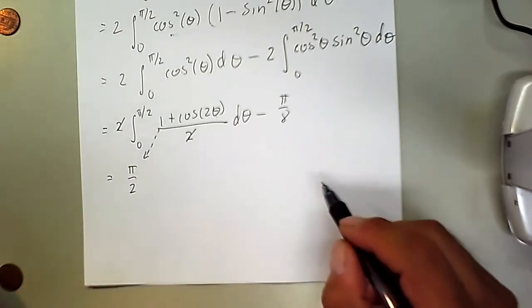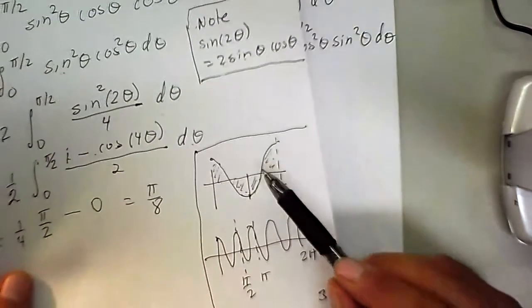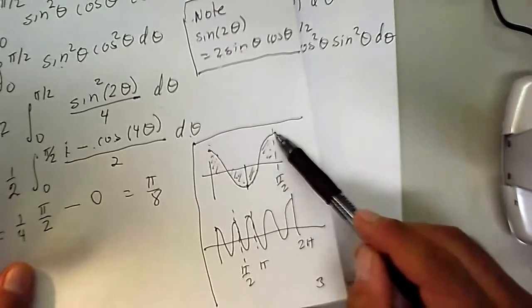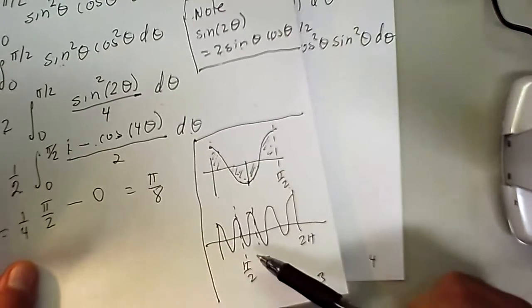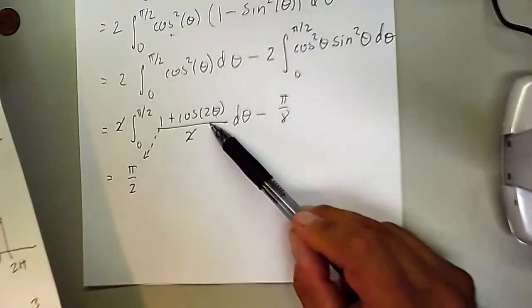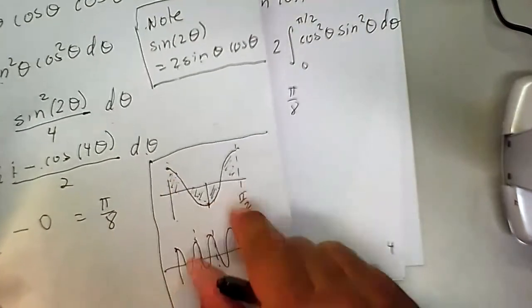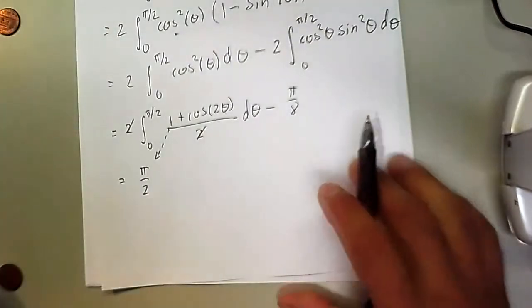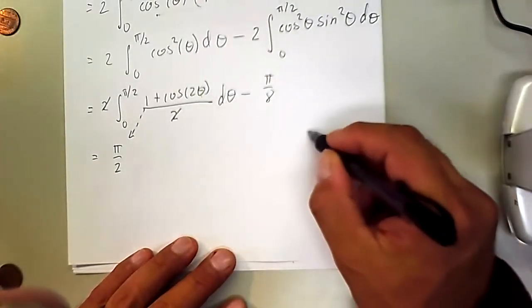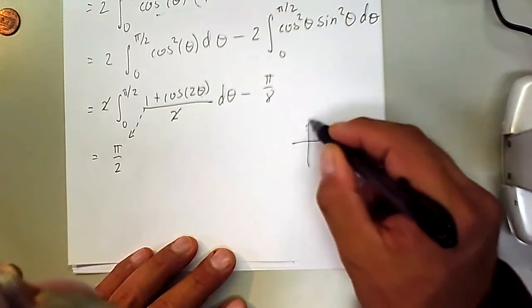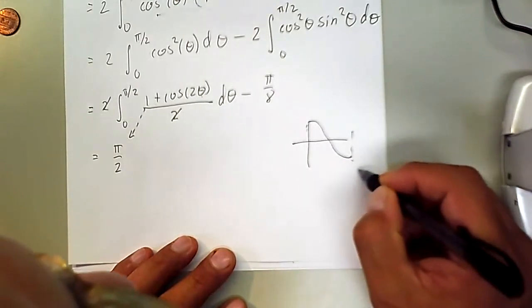Well, we have established that cosine of 4 theta is a whole cycle from 0 to pi over 2. So cosine of 2 theta is going to be half the cycle. This is going to be stretched. So cosine of 2 theta is half a cycle.